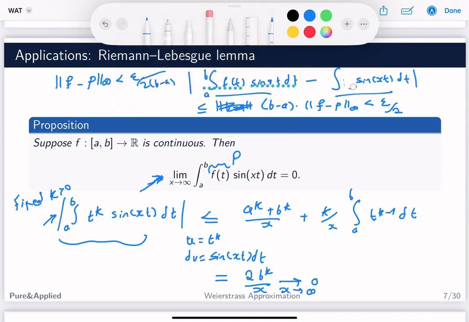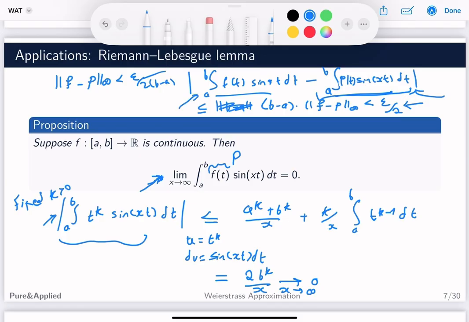Let me clean this up a little bit. So you could upper bound the difference between the integral of f of t and the integral of p, which means it suffices to show that the latter is very small when x goes to infinity, because the difference between these is already very small. Once we've shown that this goes to 0 as x goes to infinity, we get the result automatically.